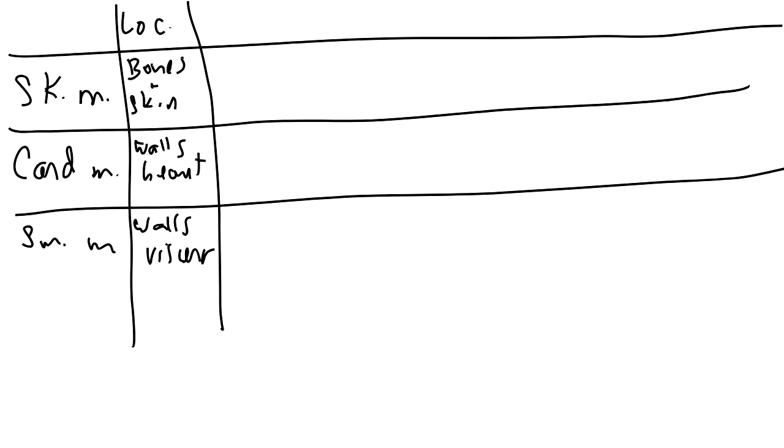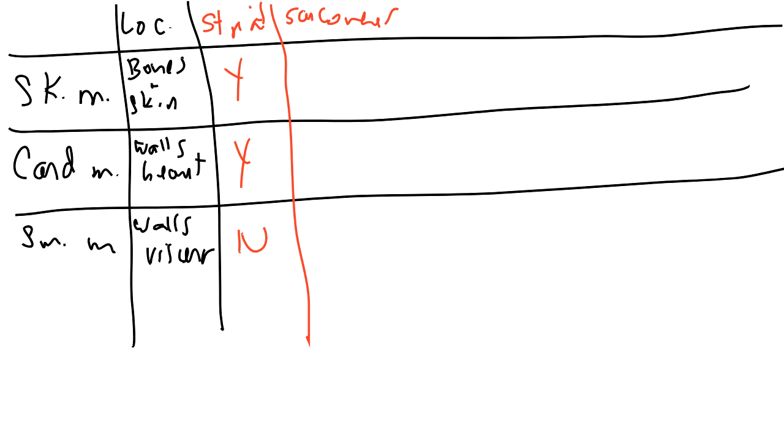Another characteristic we talked about was striations. Skeletal muscle had striations, so did cardiac muscle, and there were no striations for smooth muscle. With the striations came sarcomeres. If the muscle has striations, then it has sarcomeres. If it didn't have striations, it doesn't have sarcomeres.